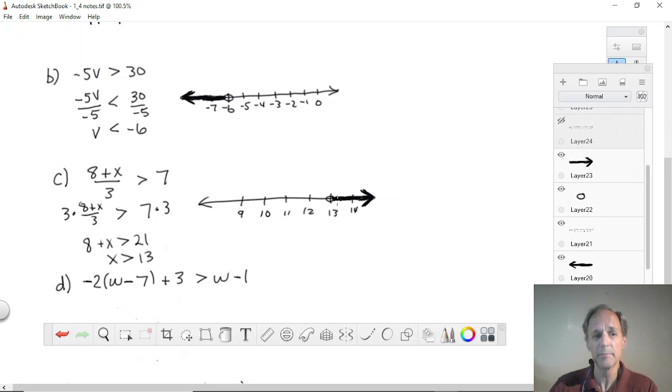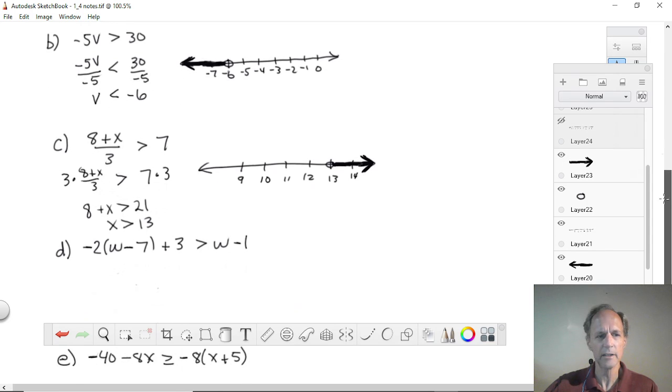Anything a little bit bigger than 13 would make the left hand a little bit bigger than 7. So just a little bigger, and then you would have a numerator larger than 21 divided by 3 would be greater than 7. So, you can sort of think about it that way and check them. But of course, you cannot plug in all these numbers to verify. Okay, let's look at another one.